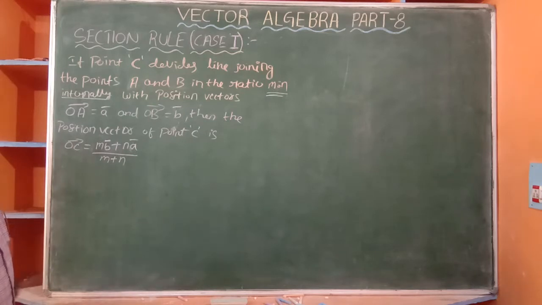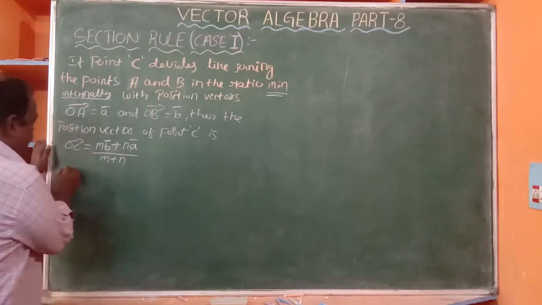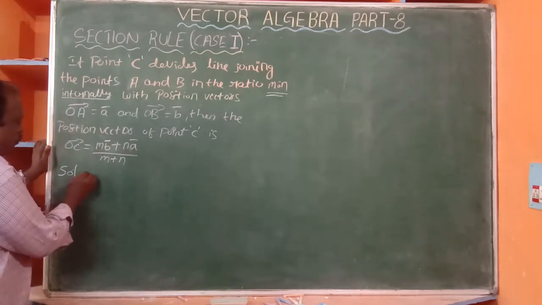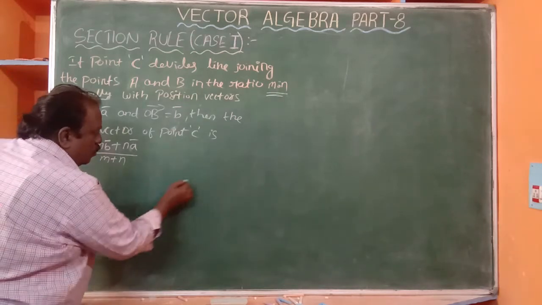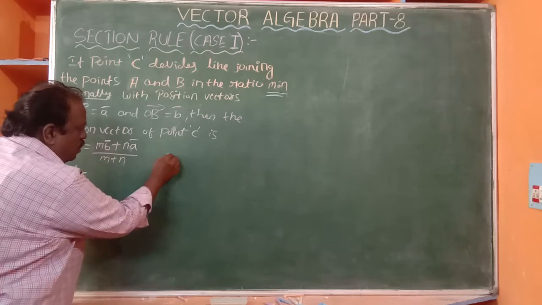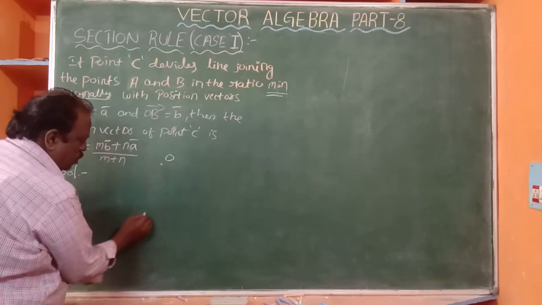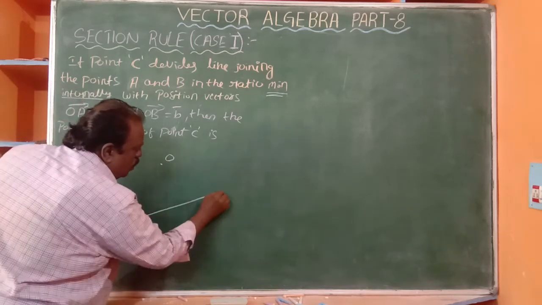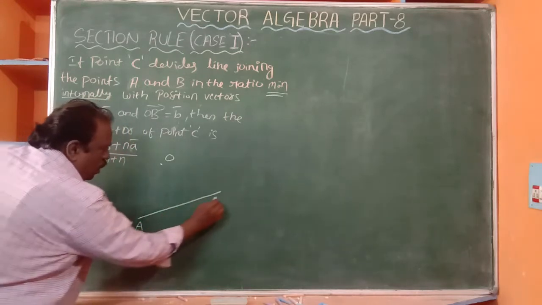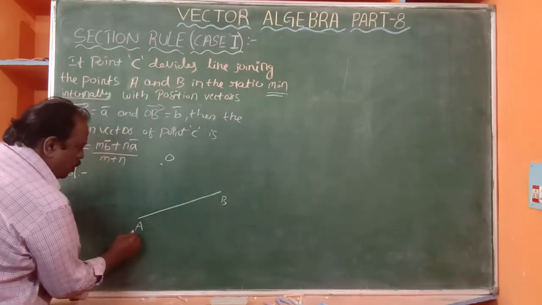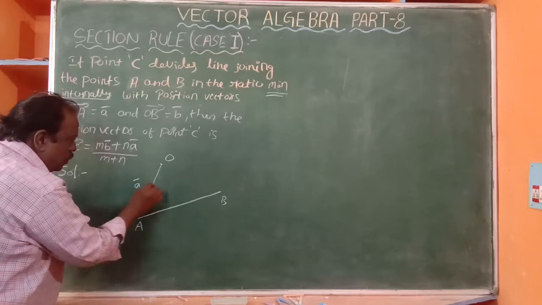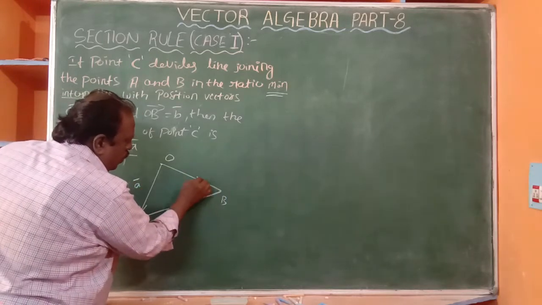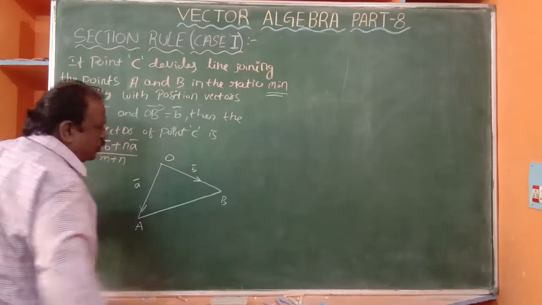Okay, then you see, here is the solution. Proof. This is the statement. Suppose it is the horizon O. There are 2 points A and B. OA bar is a bar, OB bar is b bar.